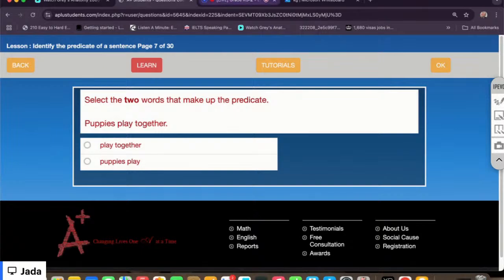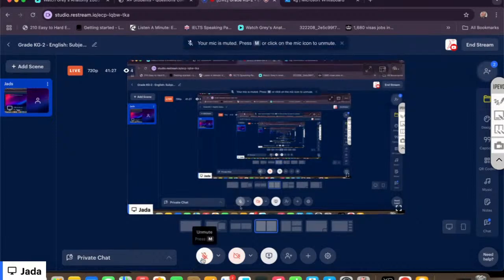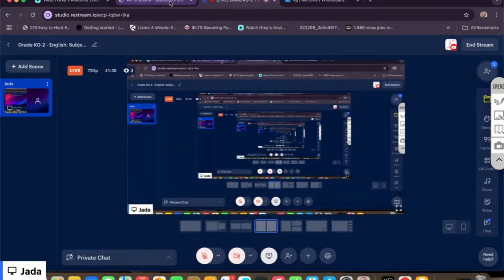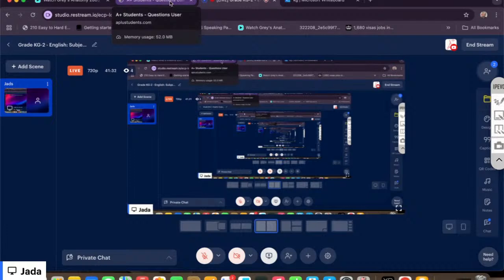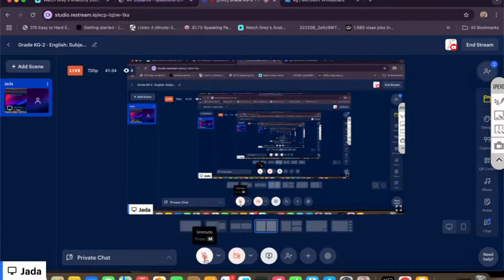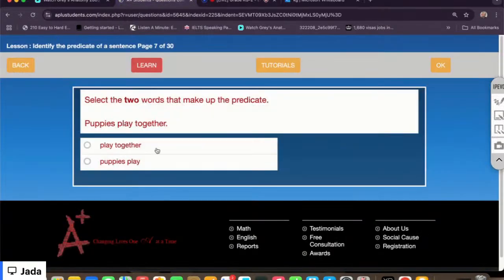So which one is the right predicate here? So play together is the right predicate.